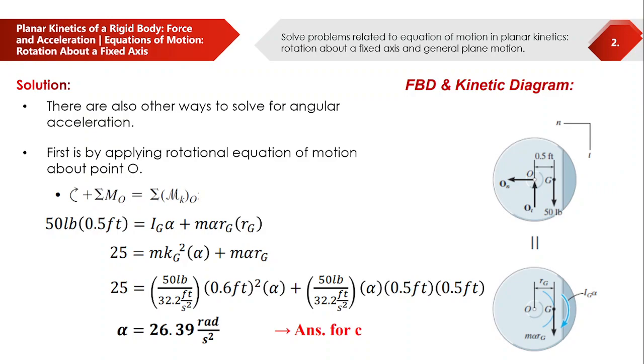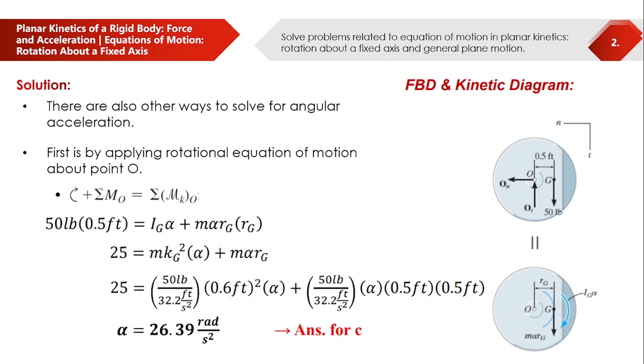So we solve it directly. We no longer need two equations to solve for our angular acceleration. That's how you solve it when we apply the rotational equation of motion at point O.